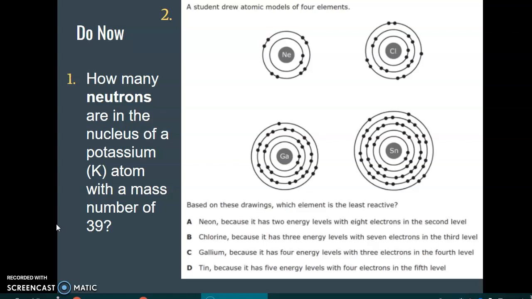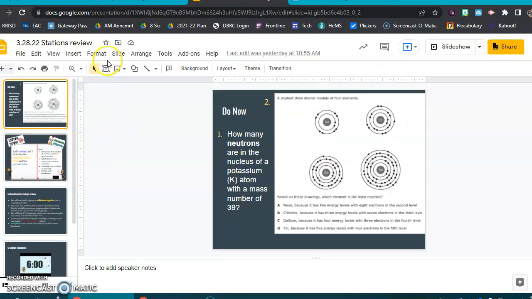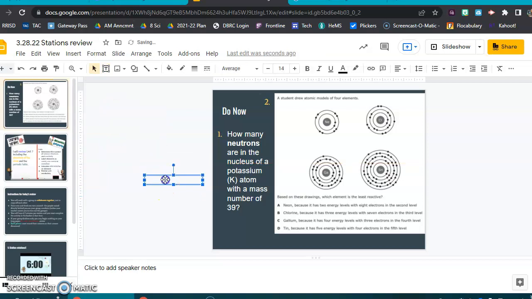How many neutrons are in the nucleus of a potassium ion atom with a mass number of 39? If you look on your periodic table and look up potassium, it has a mass of 39, but if we look it up, it has an atomic number of 19.